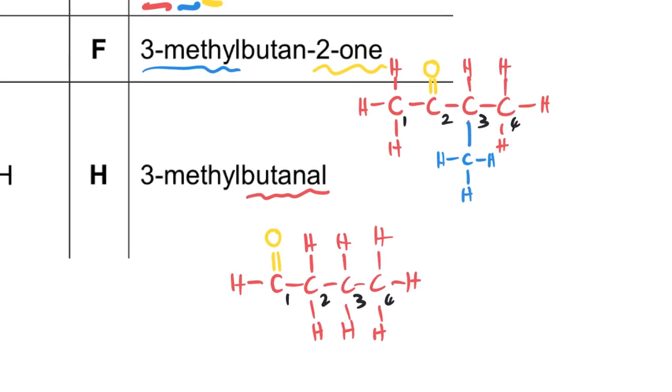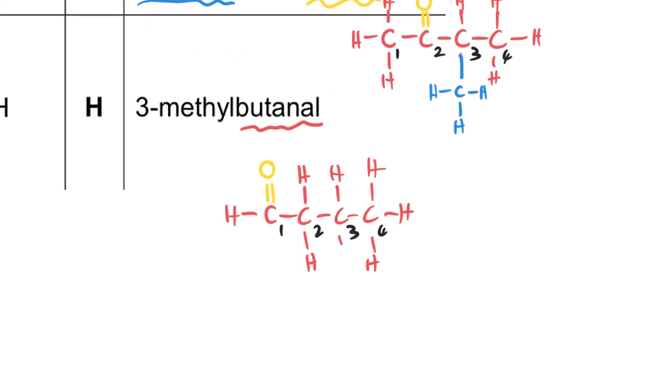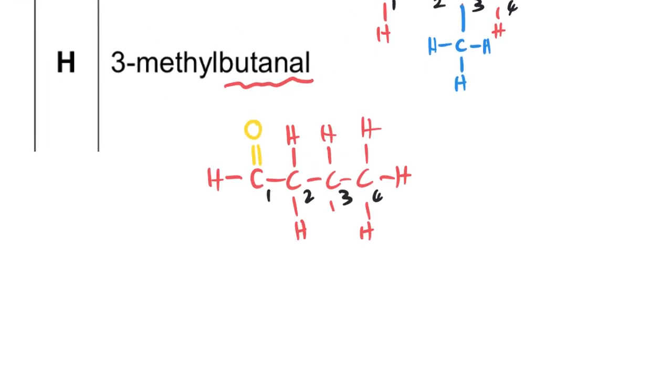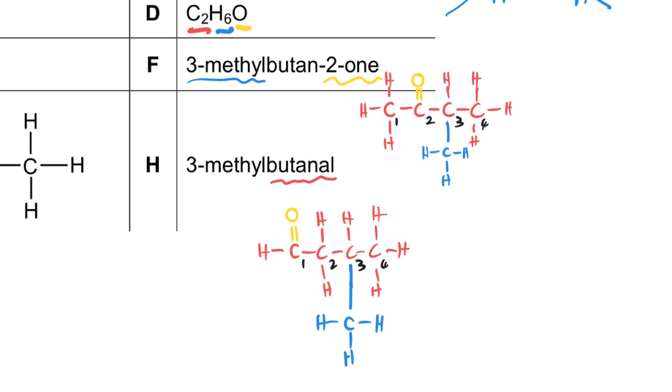And I hope that you can see, sorry, we've left out the 3-methyl, so we still need to add the 3-methyl, apologies for that. So that's butanal, and then we add the methyl group on carbon number 3, and I hope that you can see that these are actually isomers of each other.